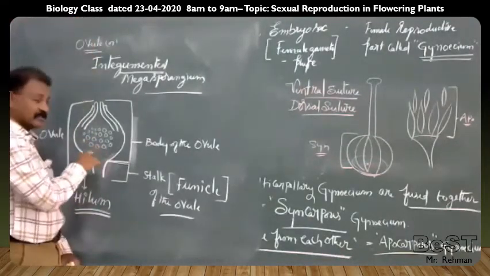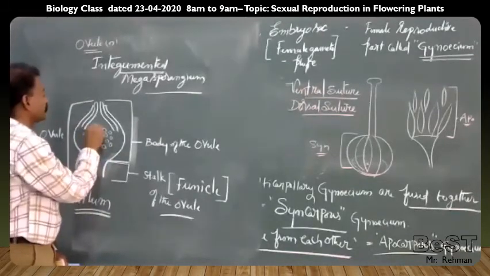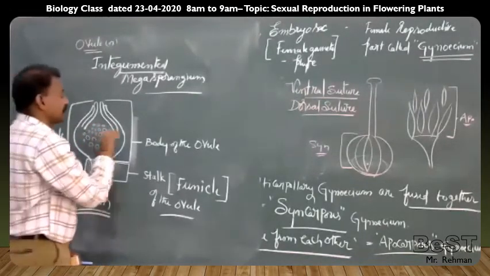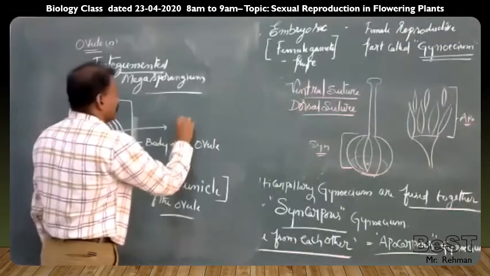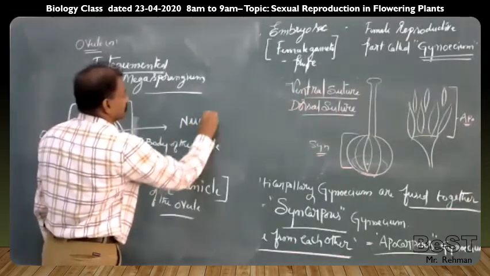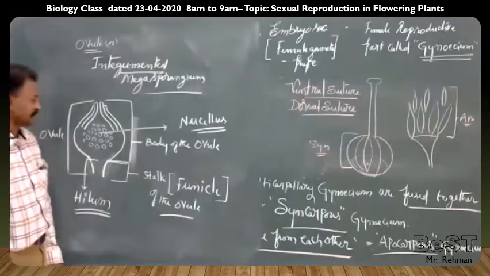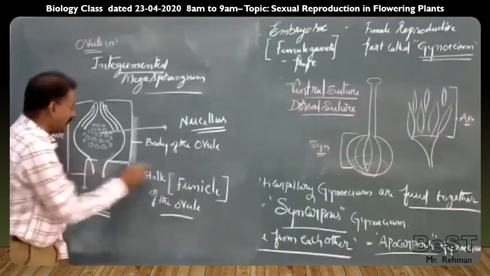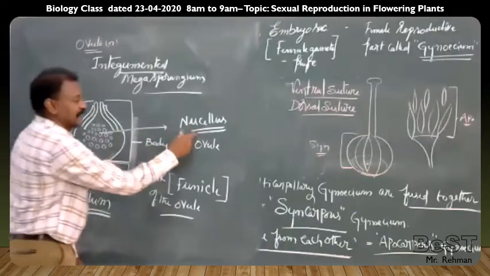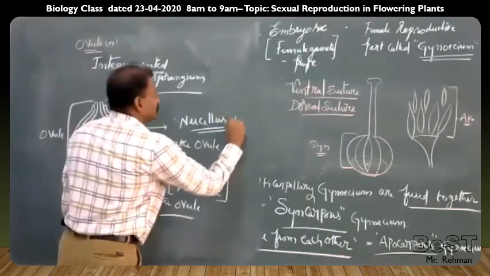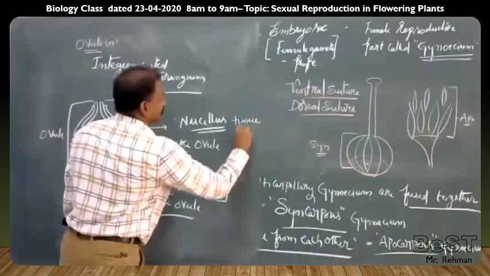Here, this sporogenous tissue has a specified name, nucellus. So, in the body of the ovule, in the center part, nucellus tissue, so many cells.